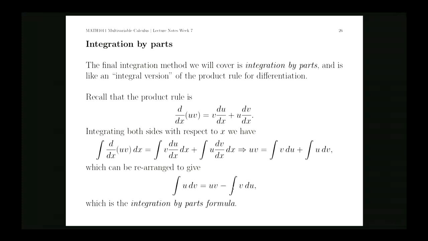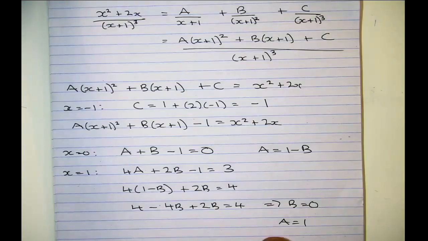This is the last one we're going to do, right? And so integration by parts is where we have to integrate a product of functions, and a substitution's not working, right? And whatever you do, do not do this.